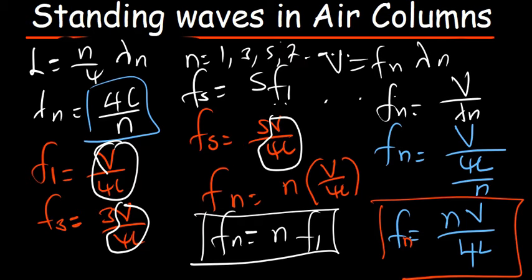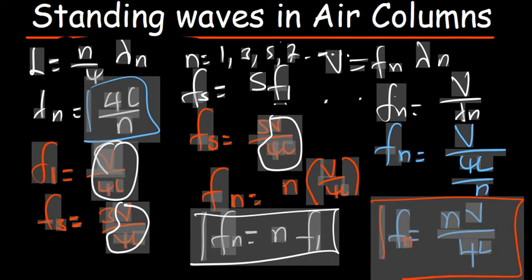What if they ask you about the position of the node and the antinode? Okay. So if they ask you about the position of the node and the antinode, and then they are going to give you, let's assume, n is equal to 3. So if n is equal to 3, meaning I've got 3 loops.